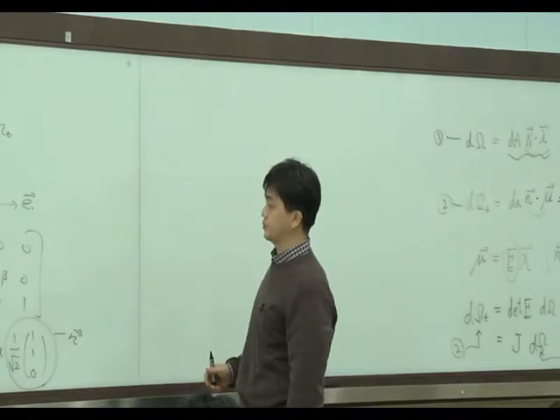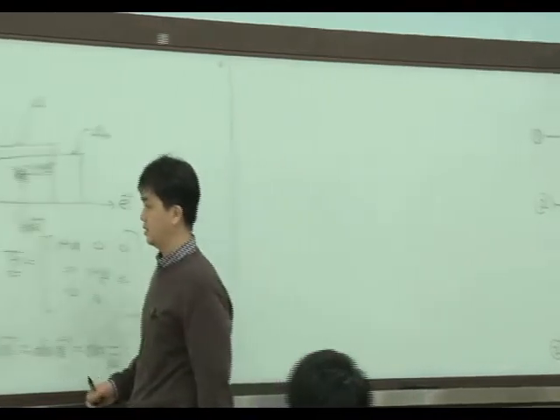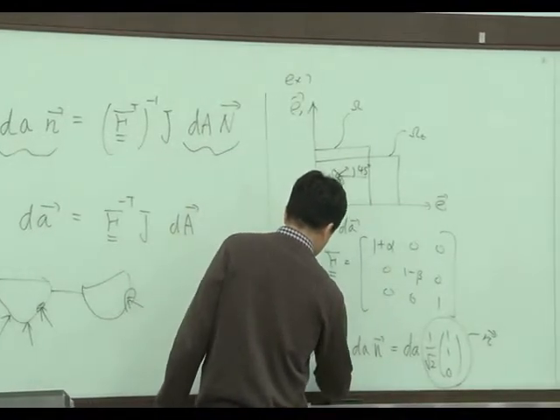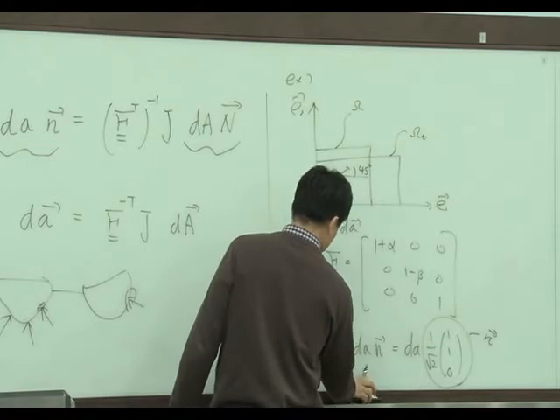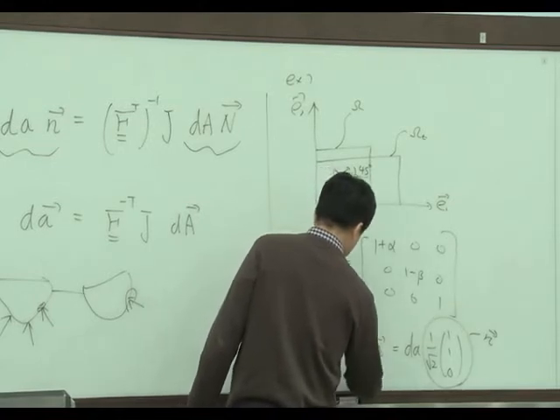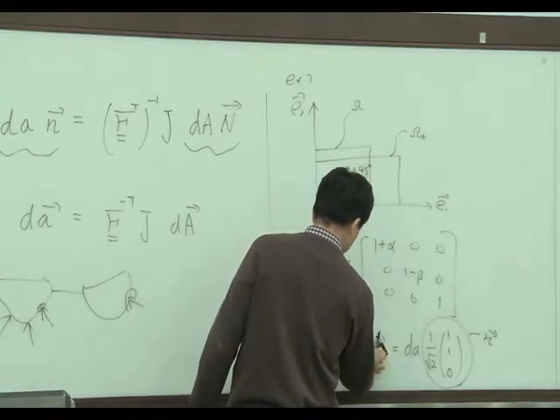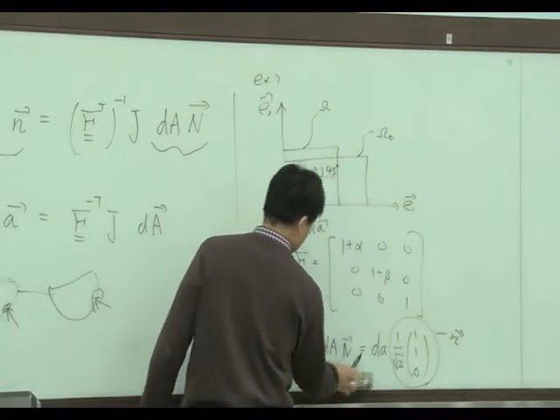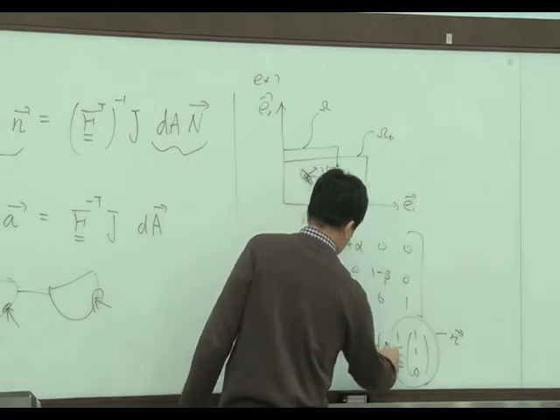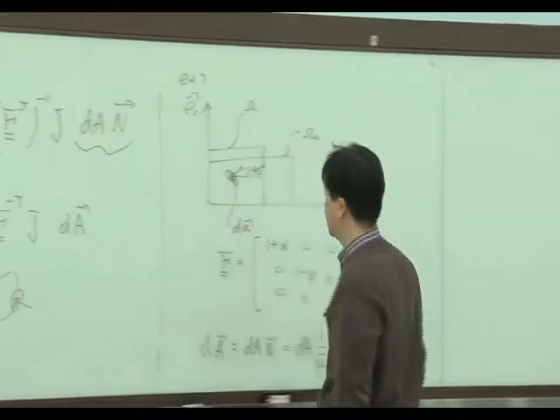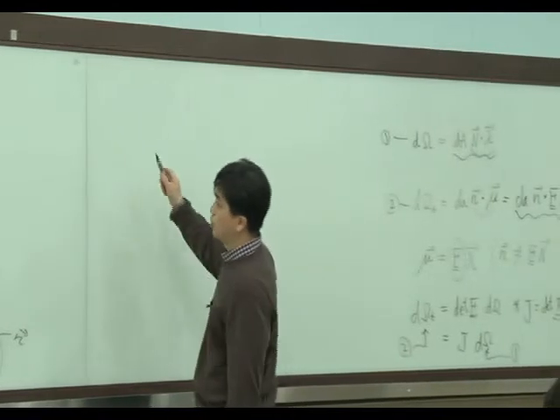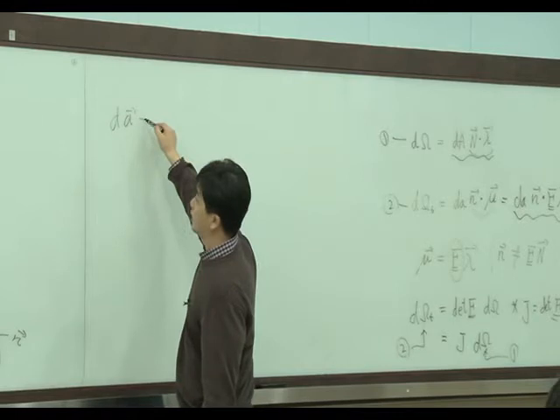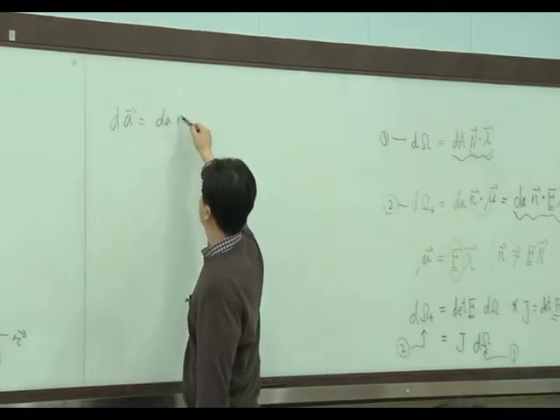Sorry, it should be an uppercase N. So what we need to calculate is da and dA and n.